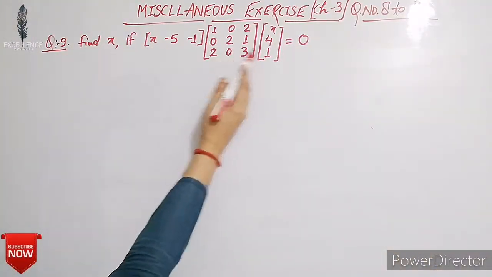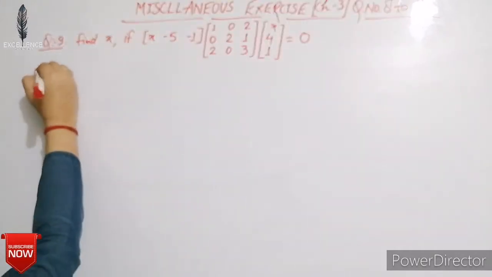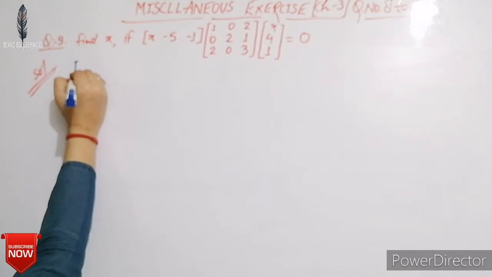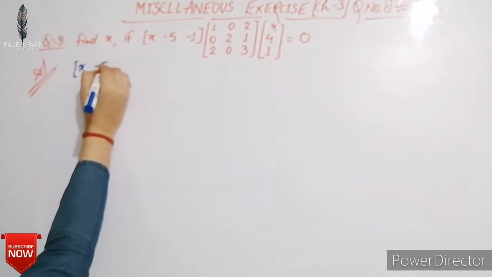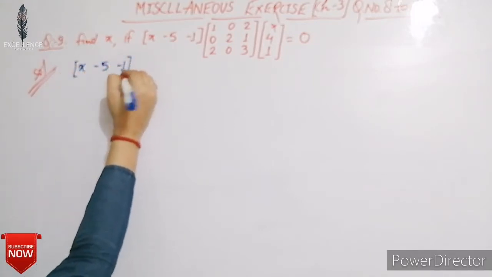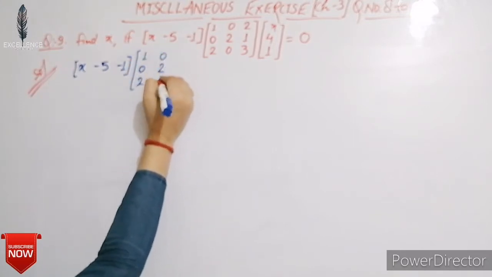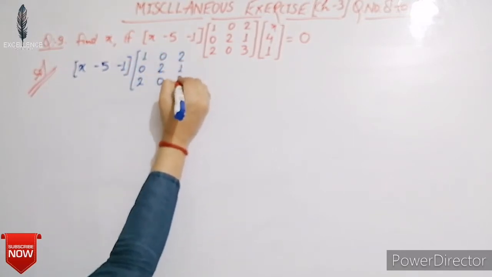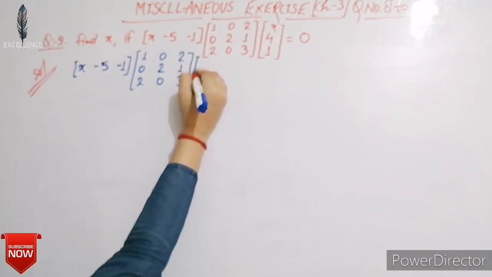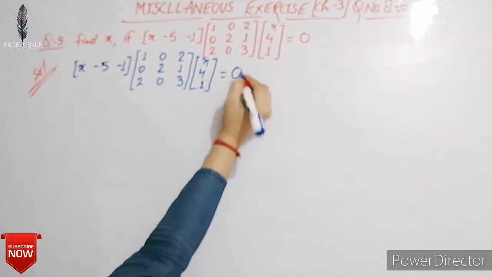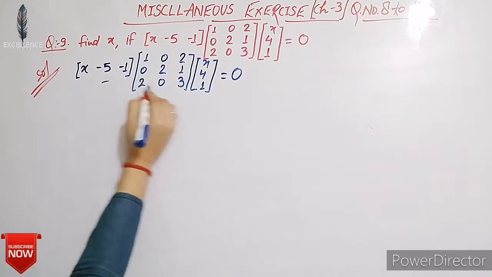Here we have to find x if this condition is given. Here we are given first a row matrix, second a square matrix of 3 into 3 order, and third a column matrix [x, 4, 1], which is equal to the 0 matrix.